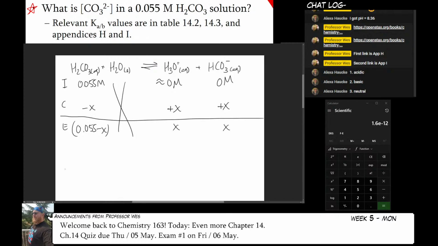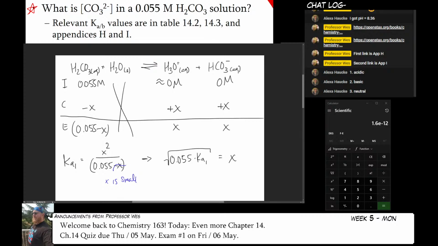So we could say Ka1 is x squared over 0.055 minus x. So we'll assume x is small. We'll check in just a second anyway. So 0.055 times Ka1, square root, will equal x. I've got to look up what Ka1 is.